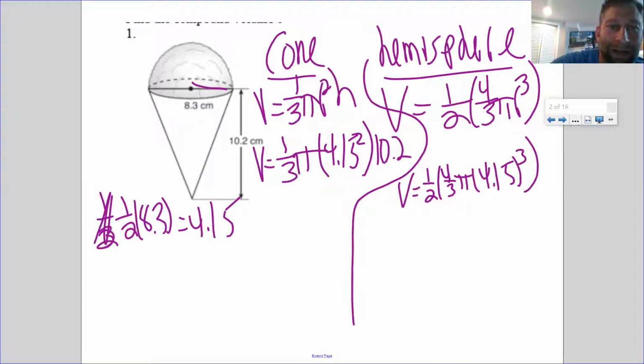Because it says round to the nearest 10th, I'm going to type it into the calculator.